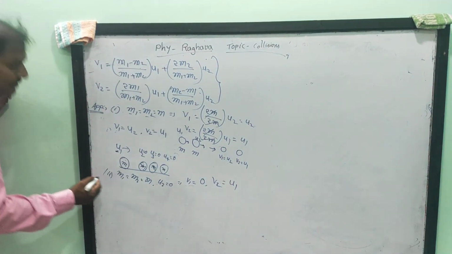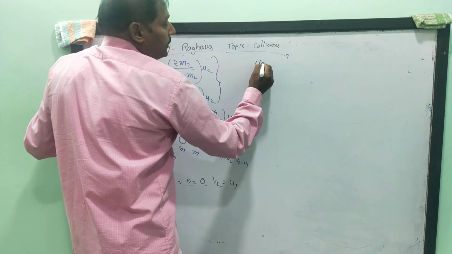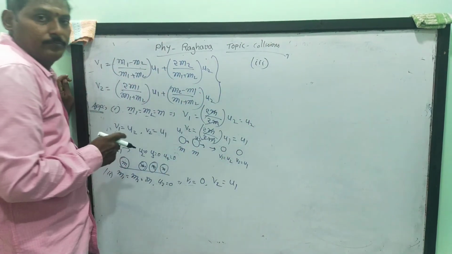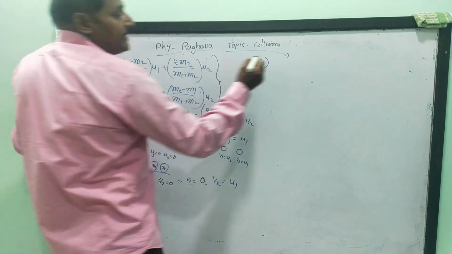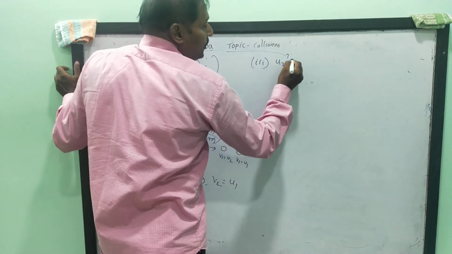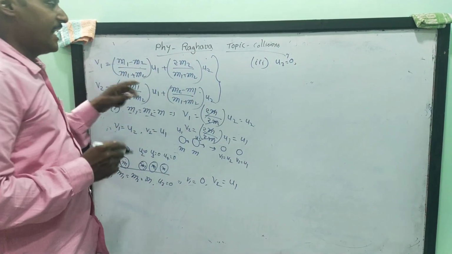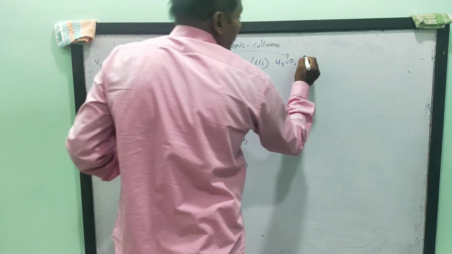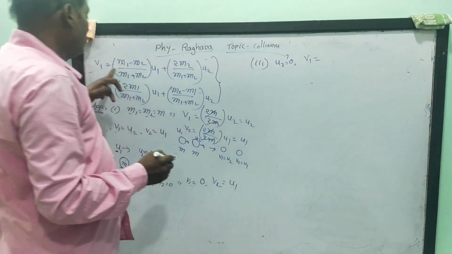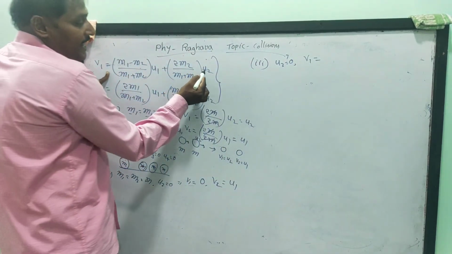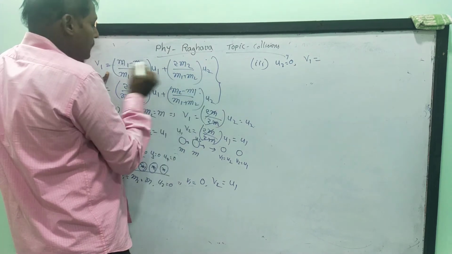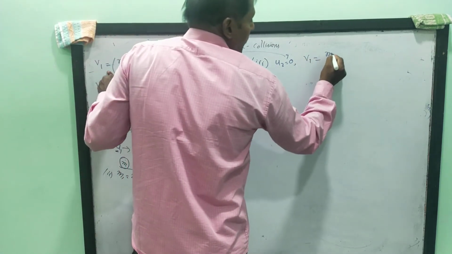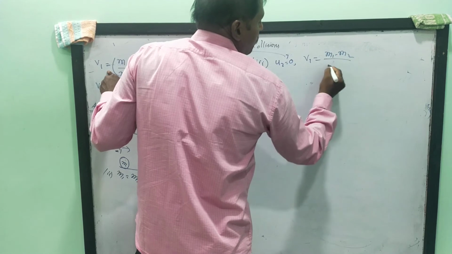The third case is: if the second body is at rest before collision, what are the velocities of the first body and the second body after collision? The second body is at rest. So simply we can write (m1 minus m2) divided by (m1 plus m2) times u1.